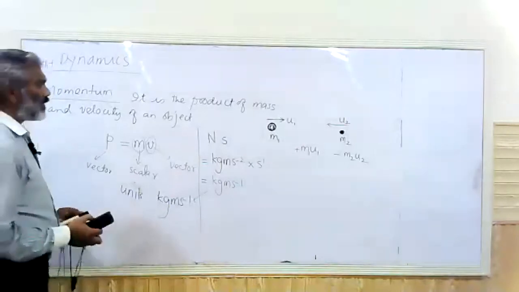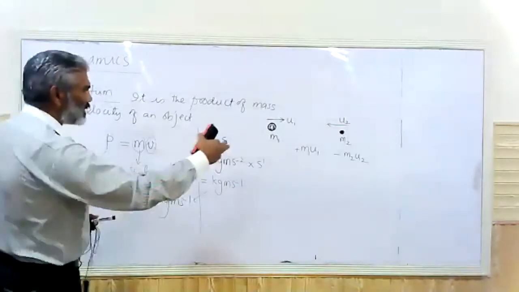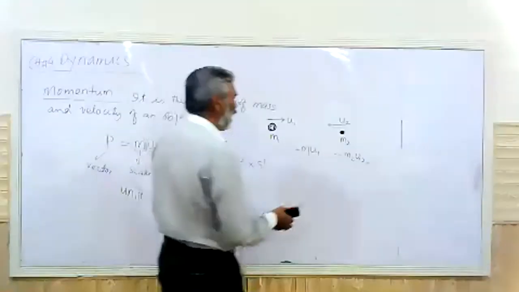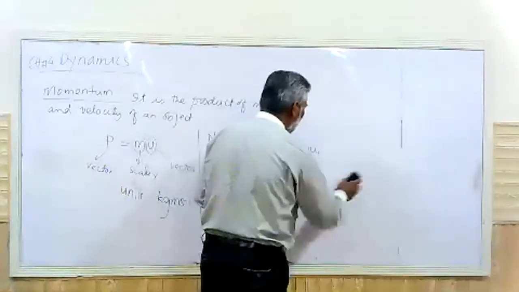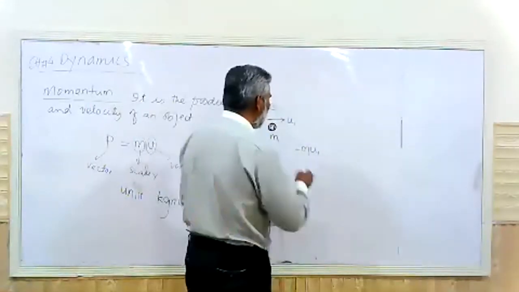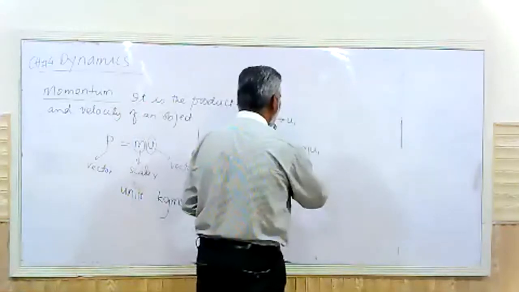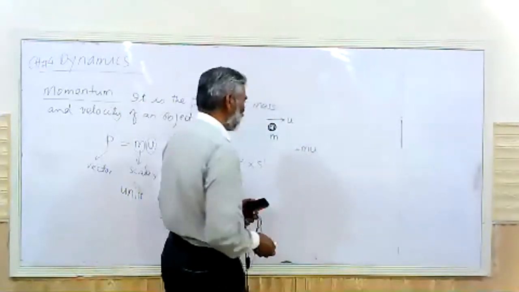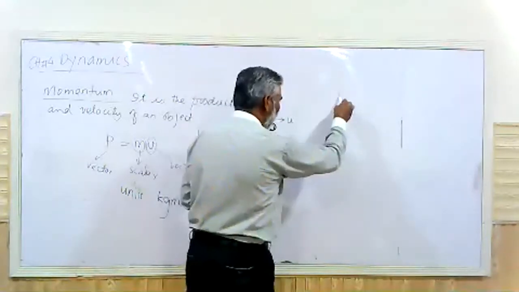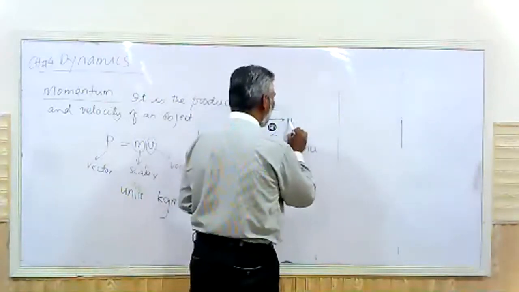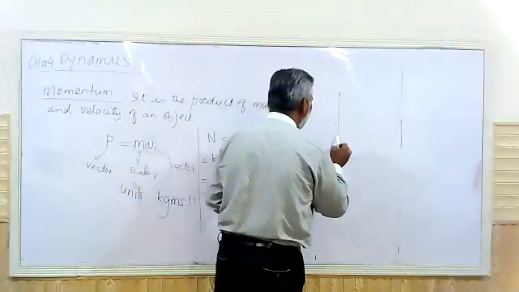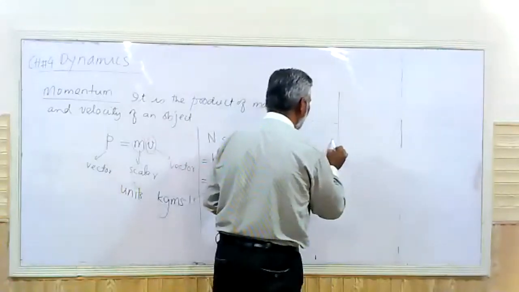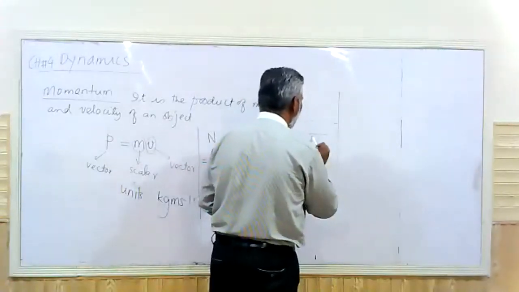Now, what if an object goes like this and hits a wall? This same object continues, and let me remove these subscripts to make things easier. This is a wall which this object hits, and it returns with the same u.